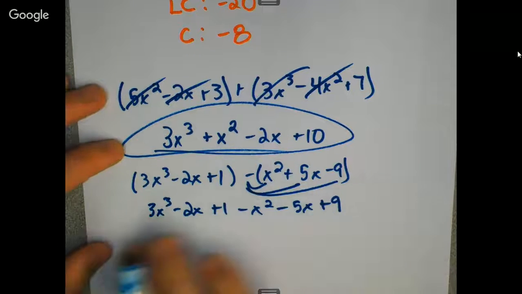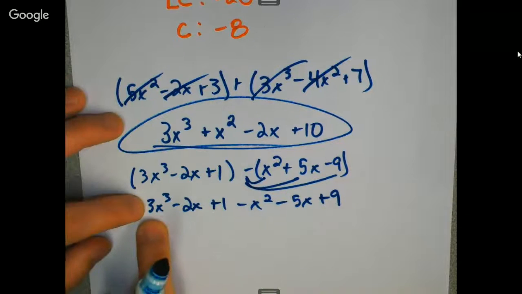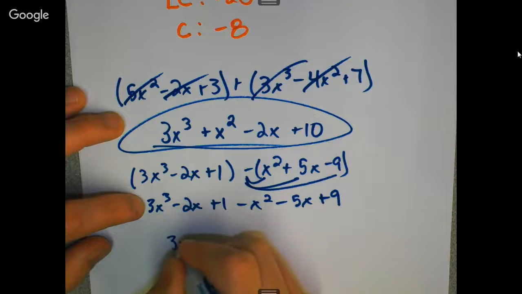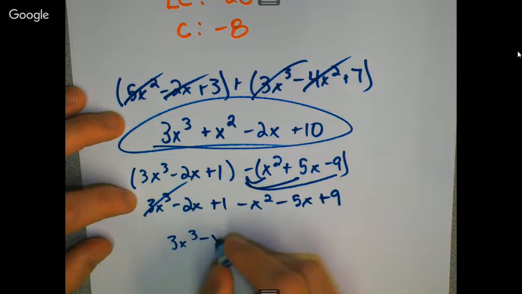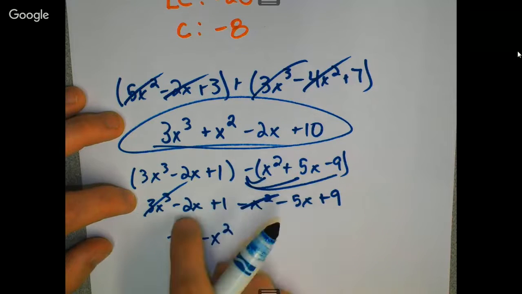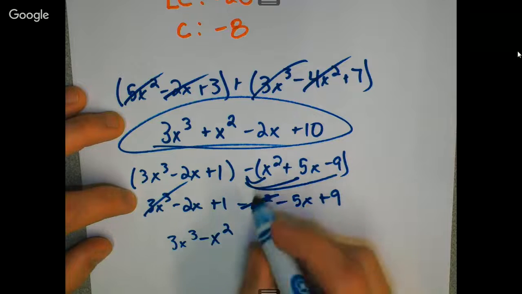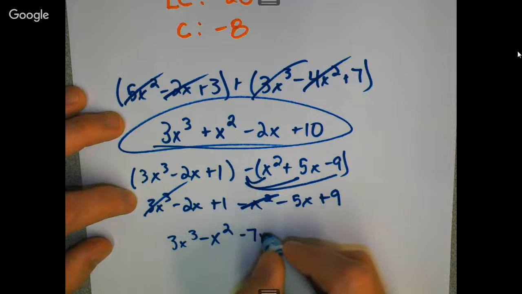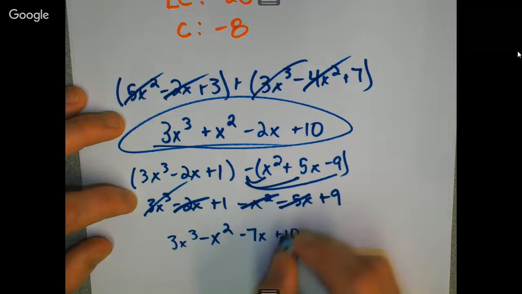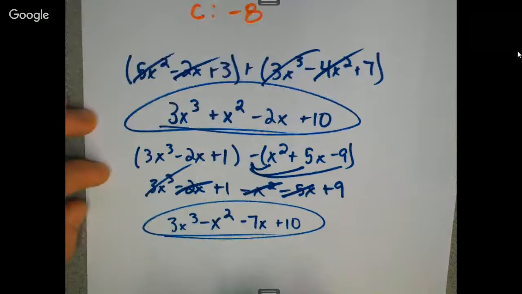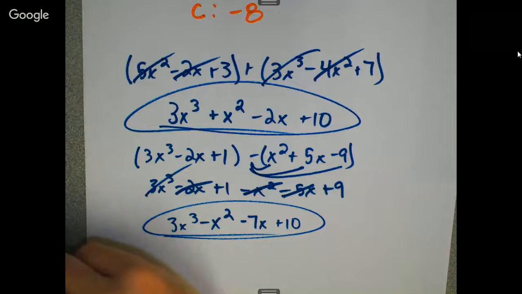Okay, so now I just combine like terms. There's no more x to the thirds. I only have this x squared. I have negative 2x minus 5x, so that's minus 7x. And I have 1 plus 9 is 10. Okay. So it's all about distributing that negative and combining like terms.